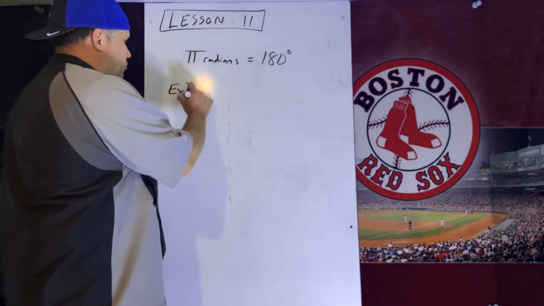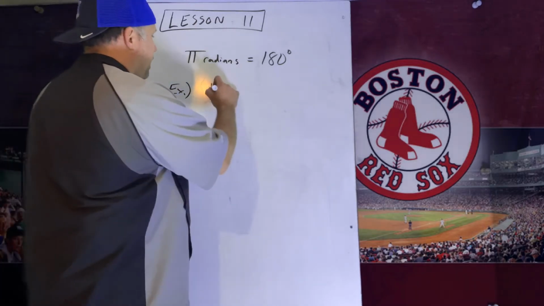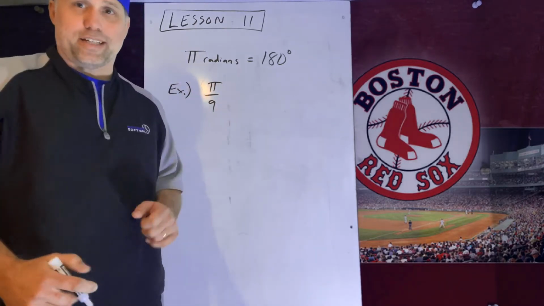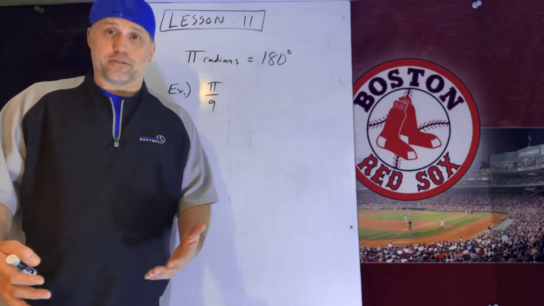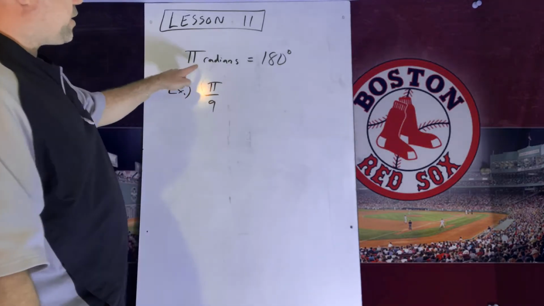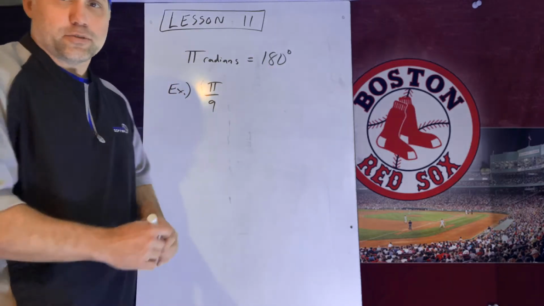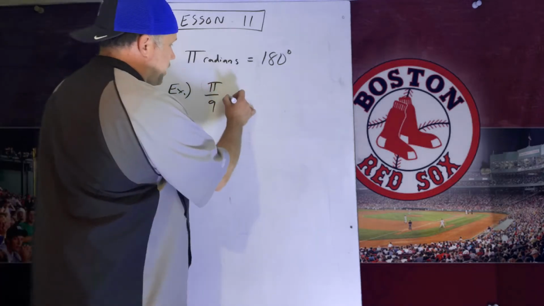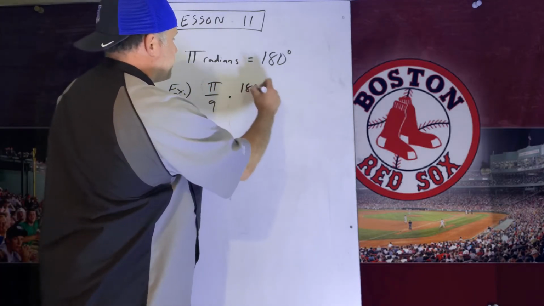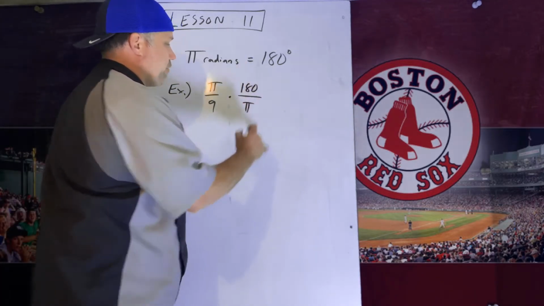What if I told you an angle was pi over 9 radians? Great. What does that mean as far as degrees go? Well, since there are pi radians for every 180 degrees, what we do is we take this pi over 9 and we multiply it by the fact that there's 180 degrees for every pi radian.